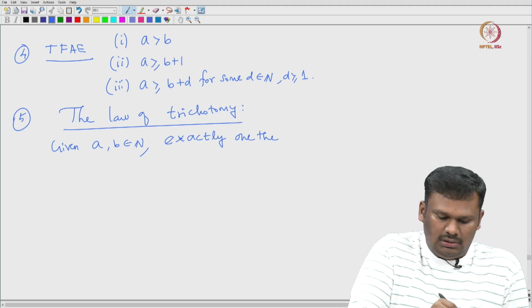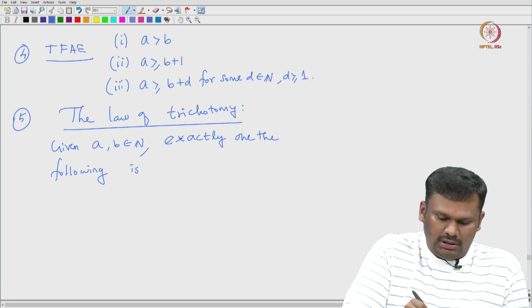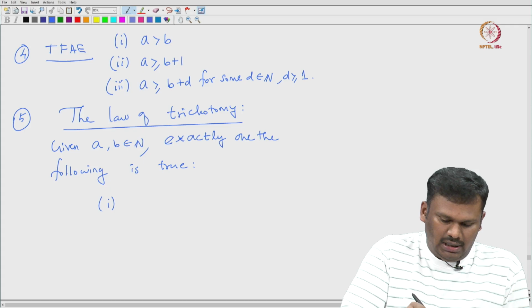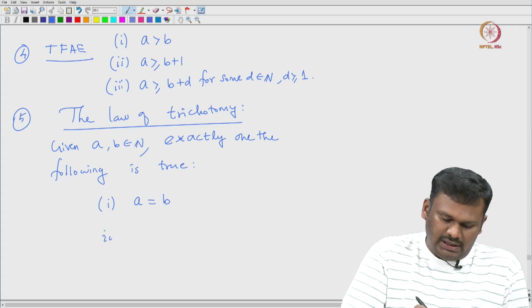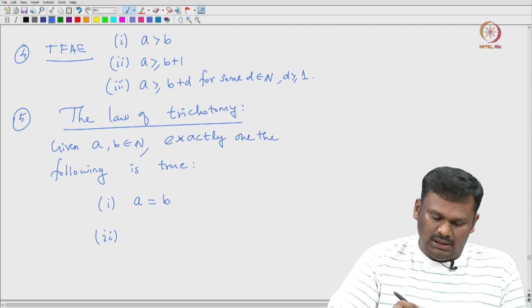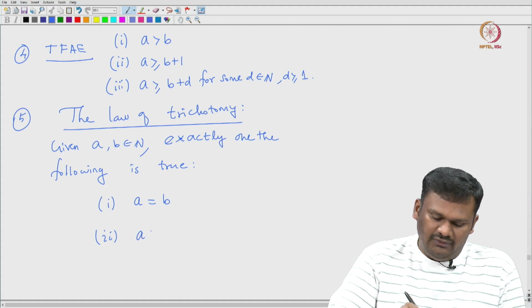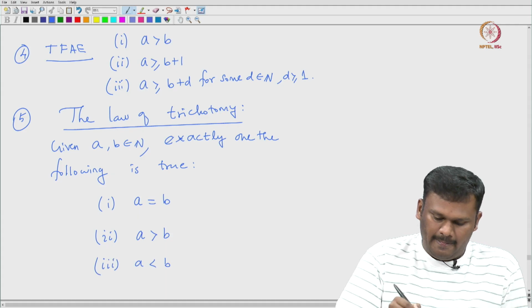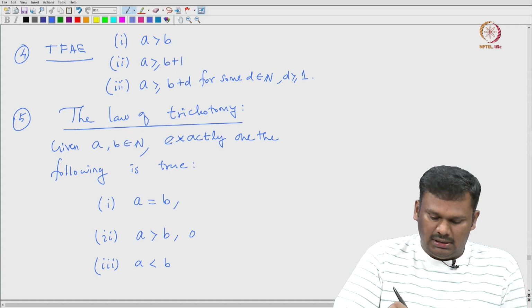First, you can have A equal to B, and in case A is not equal to B, then we can have either A is greater than B or A is less than B. So, this or this or this.